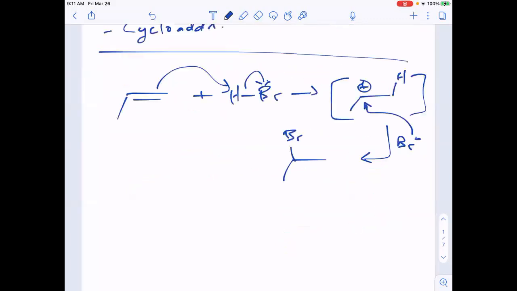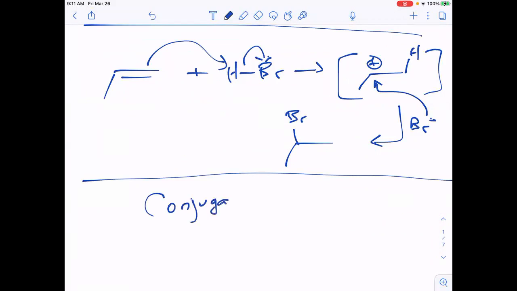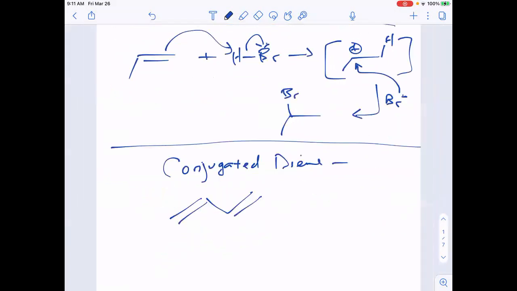And so when we talk about a conjugated diene, the only thing that we're going to add to this is that you can control the products, which you should have seen if you watched that video that I sent yesterday, right? So if you take a conjugated diene like 1,3-butadiene, and you add HX to it, right?